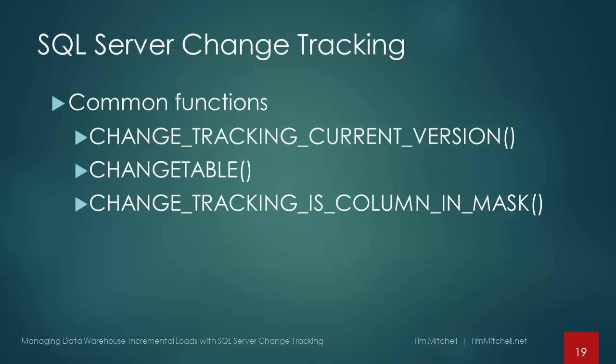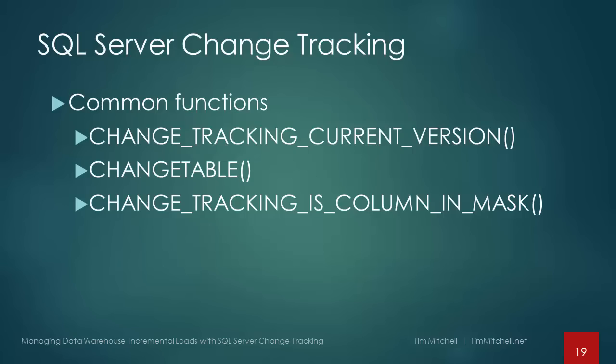If the last one was 7834, I'm going to store that in my table. The next time I run my load, I'm going to grab everything forward of that, and that's the value I'll pass into the change table function and say, give me all the inserts, updates, and deletes that are forward of 7834. I'll set my ending point for that load. That ending point for this load will now be the starting point for the next load, and we'll just leapfrog every time we do that.